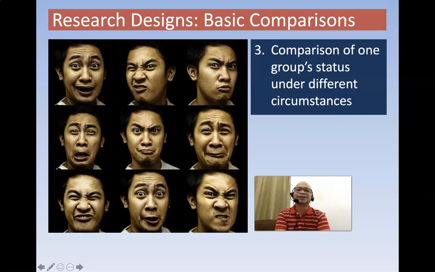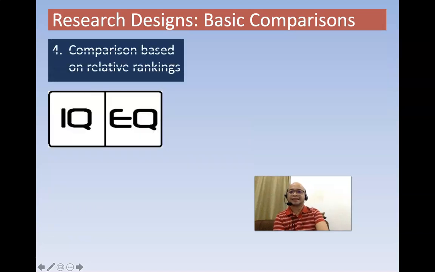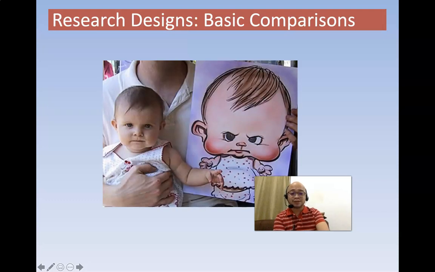Okay, so this is also possible. Another example of quantitative research design. In this particular scenario, an example of statistical design that can be used is the repeated measures ANOVA. Okay, comparison based on relative ranking. This is also possible.